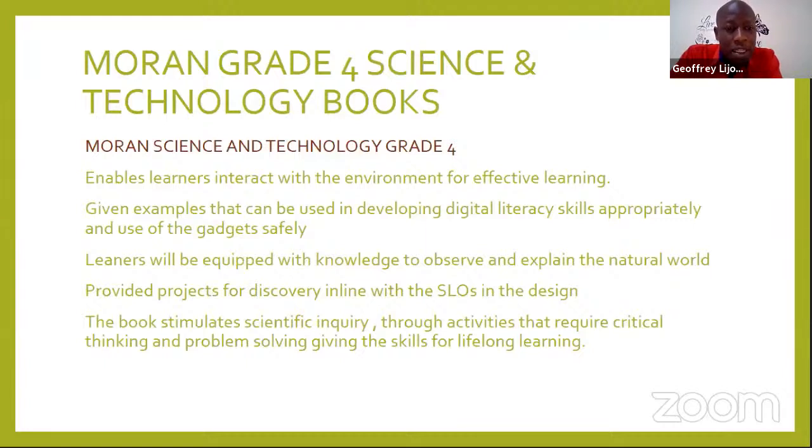So in our science and technology grade 4 learner's book, our examples are good in developing the digital literacy skills as per the CBC curriculum. Next, you find that learners will be equipped with knowledge to observe and explain the natural world provided.